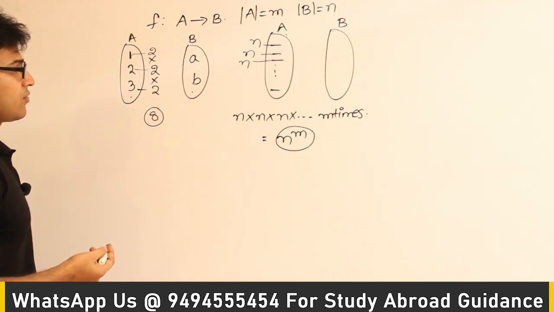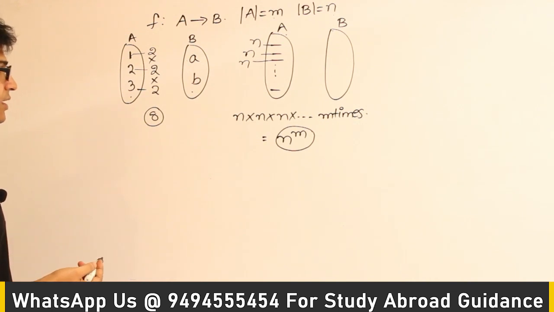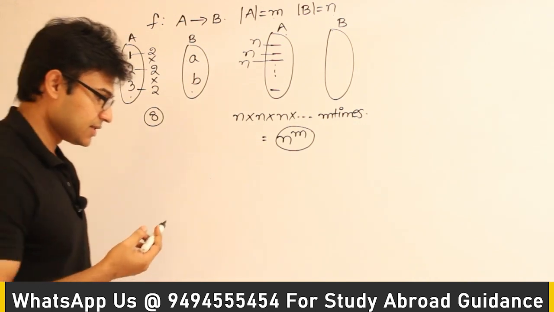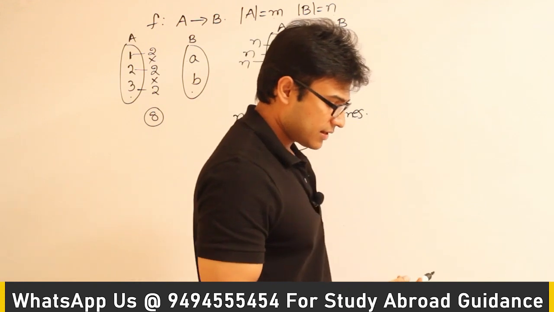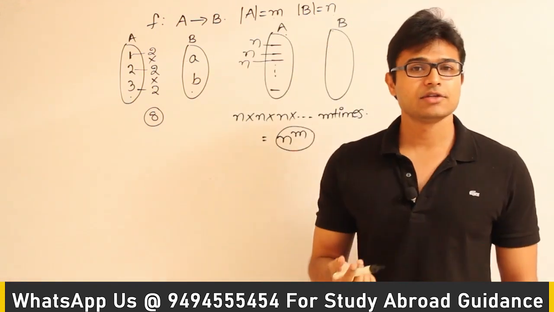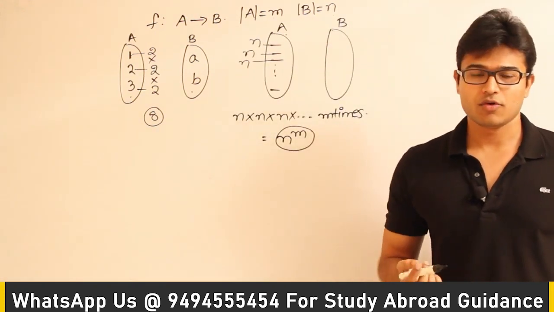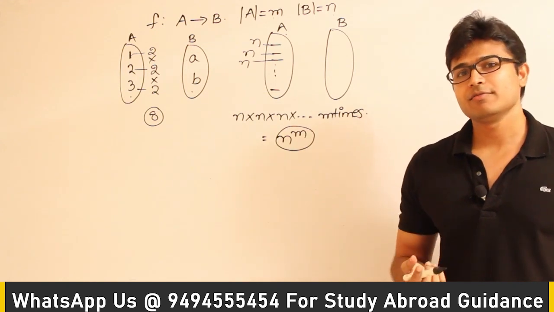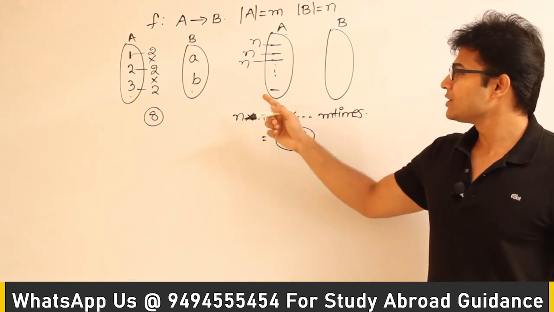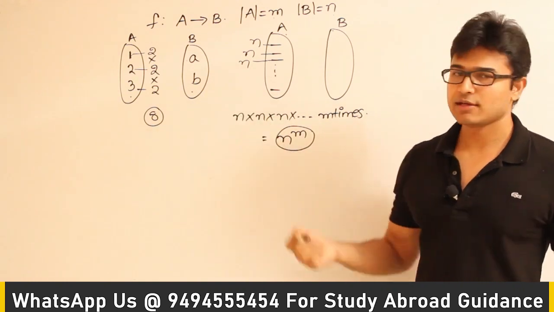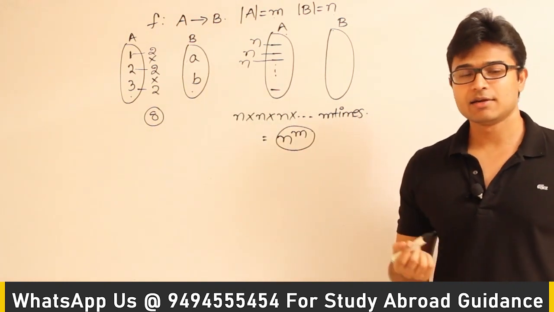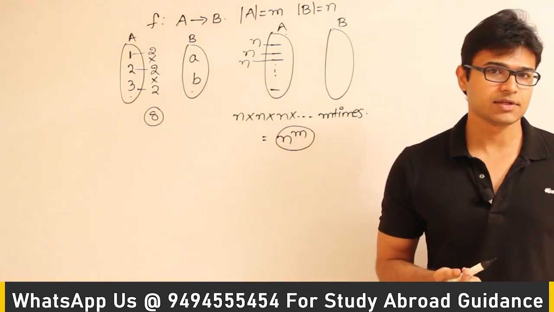Now we have already seen that a function is a relation, isn't it? So can we say that every relation is a function? Clearly no. Why? Because we have already seen many exceptions. If a relation is not having an element starting with 3, then it means that the element 3 is left out and it cannot be a function.